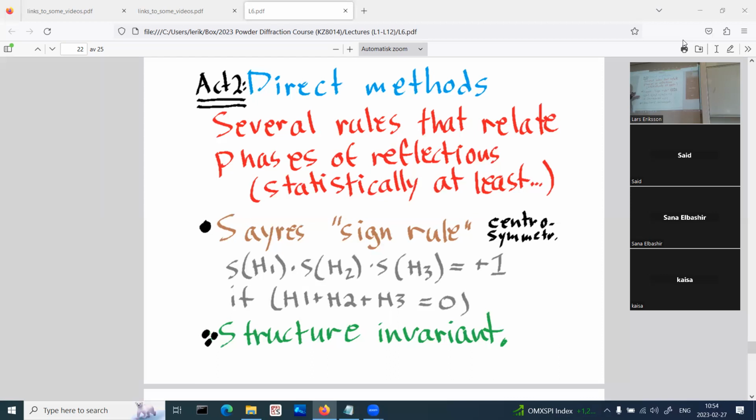The sign rule is one possible formulation of a triplet relation.